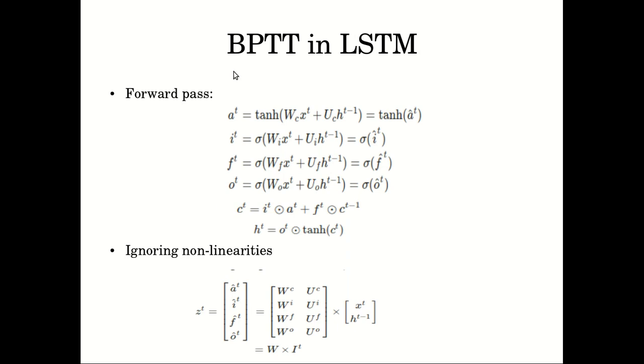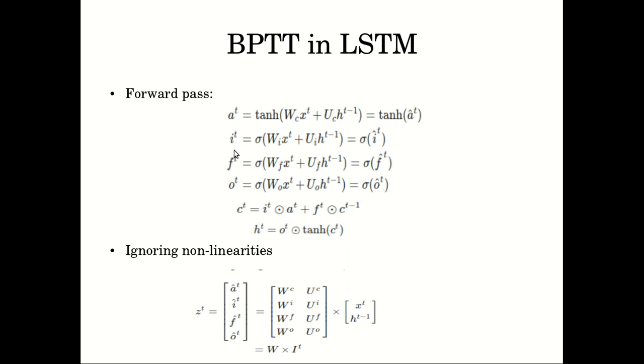Now let's see how LSTM learns its weights. So let's discuss the procedure of backpropagation through time in LSTM. So now we know that these are the forward pass values for LSTM. This is the current candidate. It is a tanh function over the current input times the weight and the output from the previous time step times its weights.